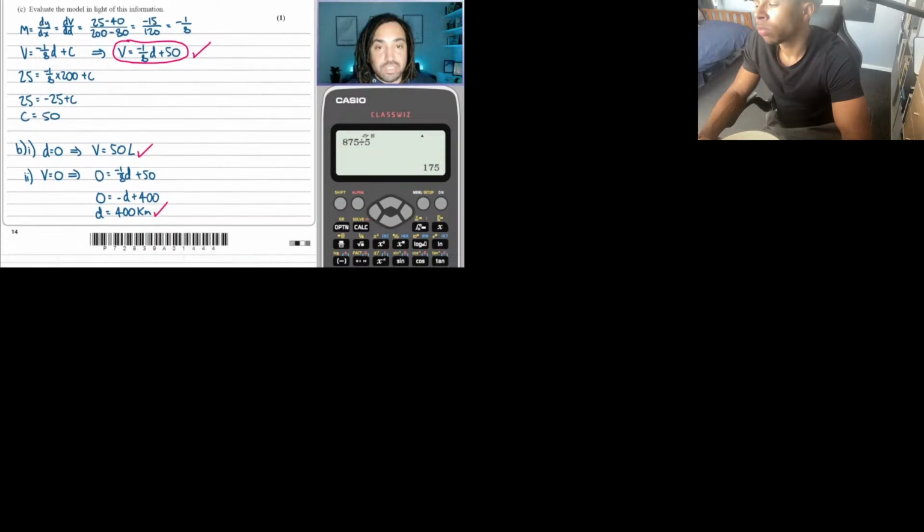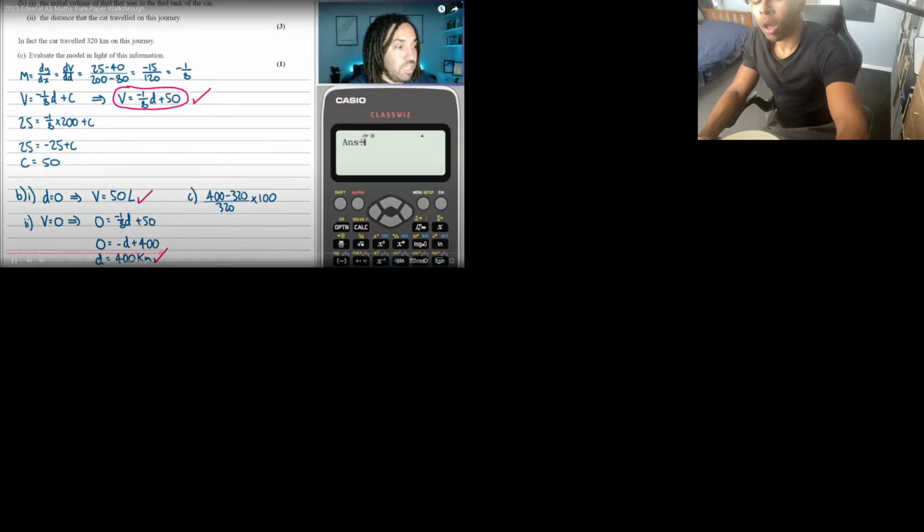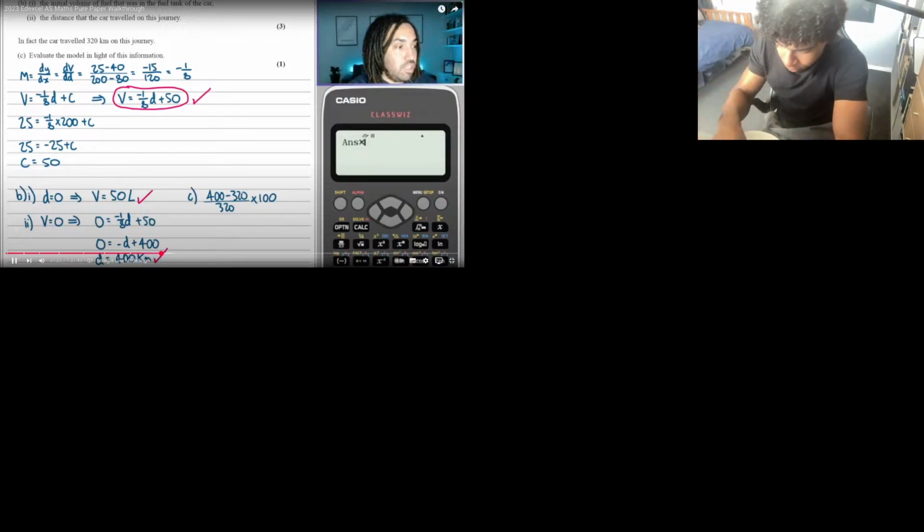Evaluate the model in light of this information. Well, that's no good, isn't it? Because that's a significant difference, isn't it? Because you could do 400 minus 320 over 320 times by 100 to get the percentage error. So 400 minus 320 divided by 320 times by 100.